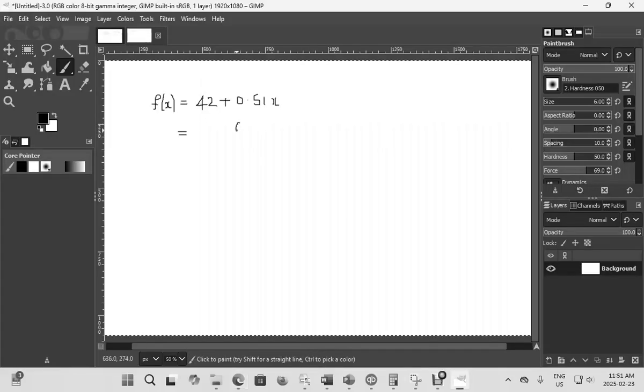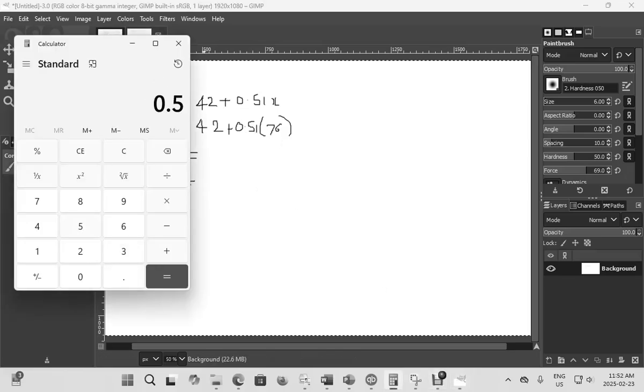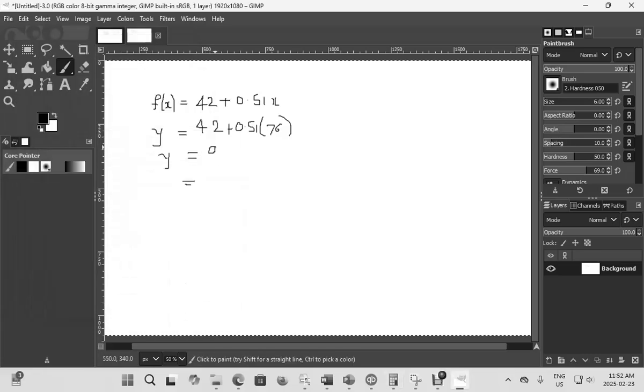So the function of x, or y, which is your total cost price, is 0.51 into 76 plus 42 for the day, which comes to $80.76.